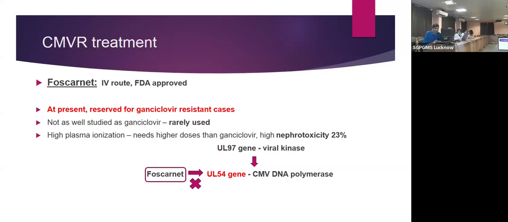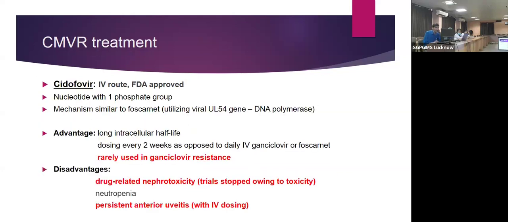Cidofovir is a very good drug, but the problem is nephrotoxicity. The nephrology people are very averse to this drug, and many trials have been stopped because of the high degree of nephrotoxicity.